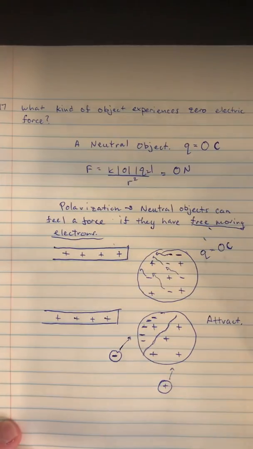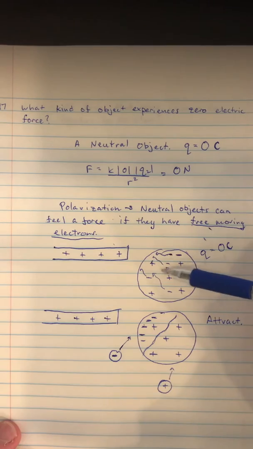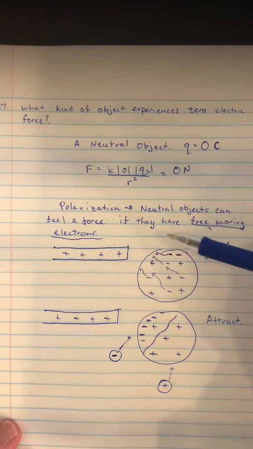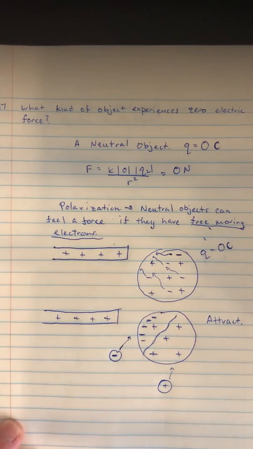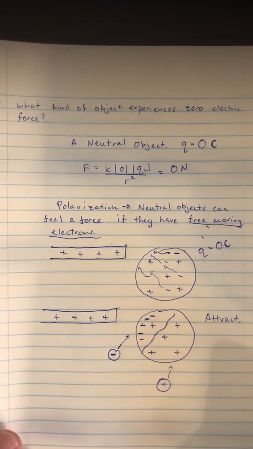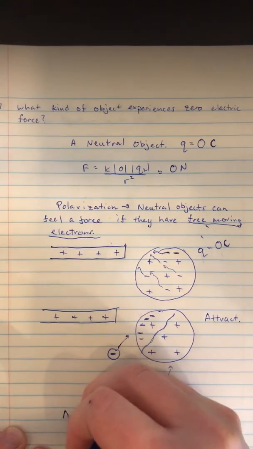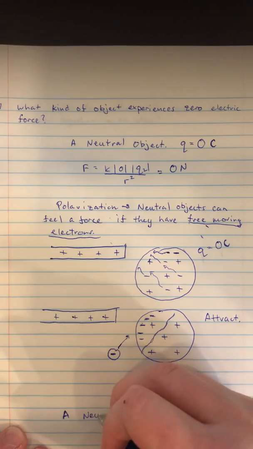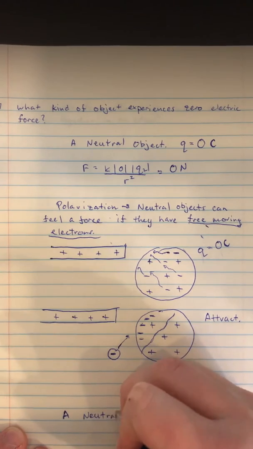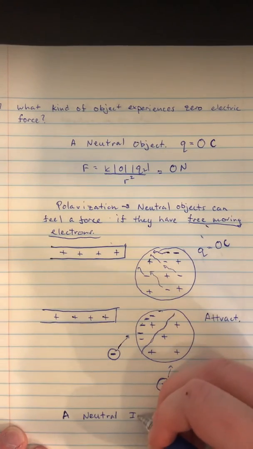If it doesn't have free moving electrons, then these electrons can't drift over there. They're stuck in place. What kind of materials don't have free moving electrons? Well, that's insulators. Conductors have free moving electrons. Insulators do not. Their electrons are stuck in place. So a more specific answer, the best answer would be a neutral insulator.